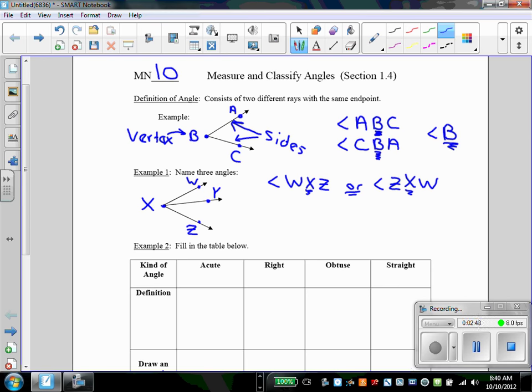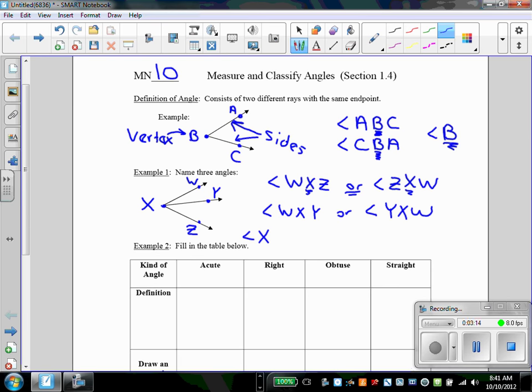Another angle we can say is angle WXY. So that's the upper small angle. And again, what we could have said for that one as well is angle YXW. Some of you may want to say, hey, one of the angles is angle X. That is a big no-no.